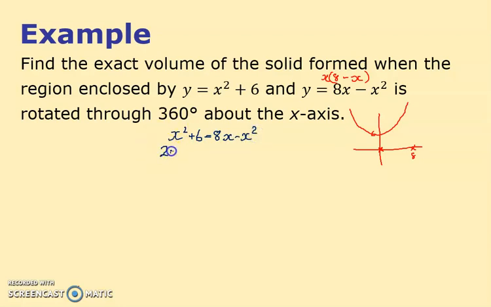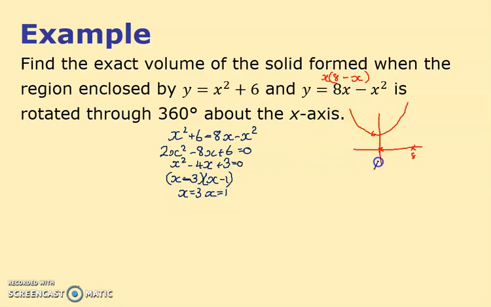Whack those over, get 2x squared minus 8x plus 6 equals 0. Divide by 2 and factorize: x minus 3 and x minus 1, meaning x is equal to 3 and x is equal to 1 is where they cross.